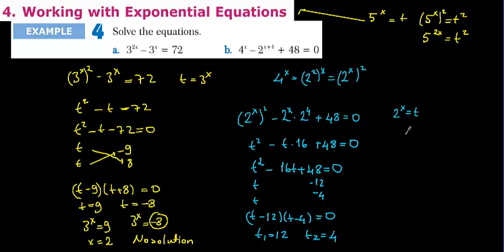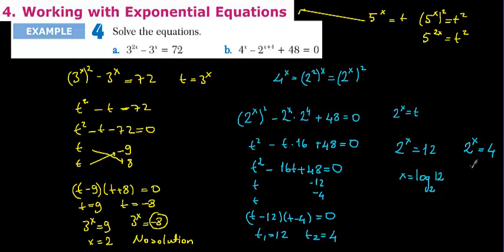If 2 to the power of x is equal to 12, and here the second solution, 2 to the power of x is equal to 4. For the first, it should be none of the power of 2 is equal to 12. That's why it's going to be logarithm base 2 of 12.